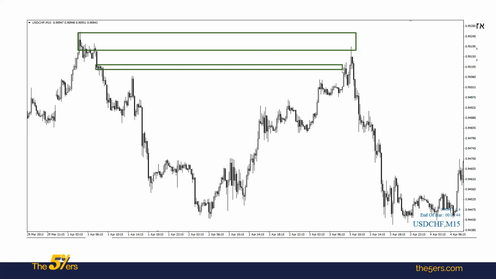We see a reaction all the way down here, and then next time price is meeting the same level, it just penetrates through.